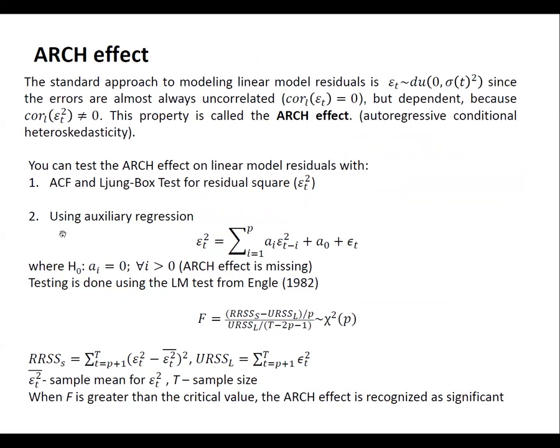The alternative approach is more complicated, but let's mention it, because in the original work by Engle, 1982, where this ARCH effect was discovered, it was used. An auxiliary regression is built: the residuals of the model squared depending on the previous squared residuals with lags, respectively.